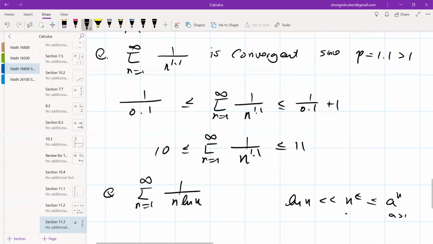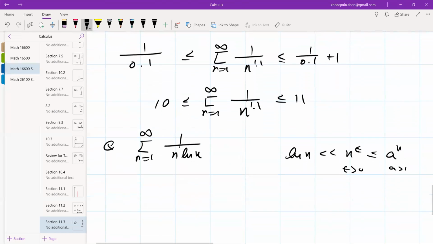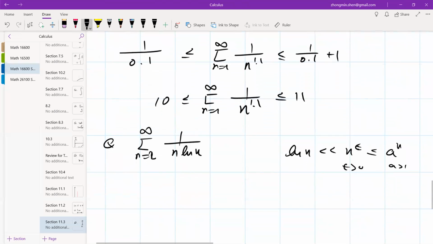It's greater than 1, here epsilon is greater than 0. So yes, it goes to infinity, but not that fast. But when you put it together, and I have to start from 2 because natural log of 1 is 0. Yeah, n equals 2. Okay, so is it convergent or not? Is it convergent or not?